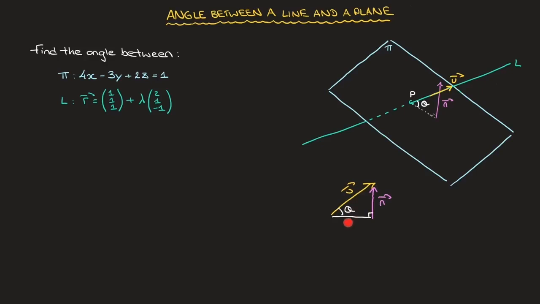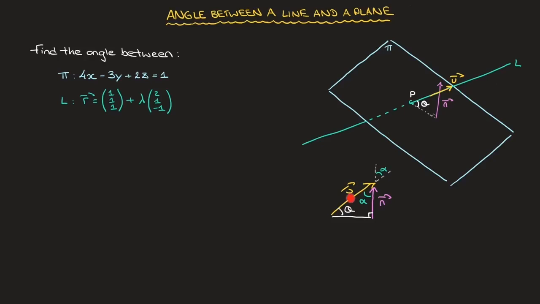And to calculate this interior angle theta, there's a little trick. Rather than calculating it directly, we're actually going to calculate this other angle here, which I'll call alpha. And alpha is the angle between the two vectors that we have. In other words, alpha is the angle between the direction vector u and the normal vector n. And we know how to calculate the angle between any two vectors.